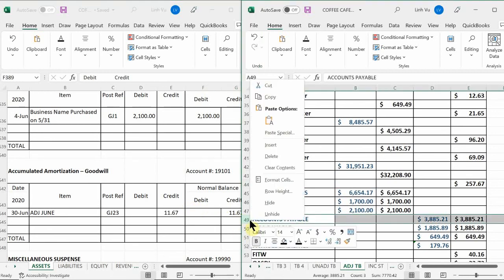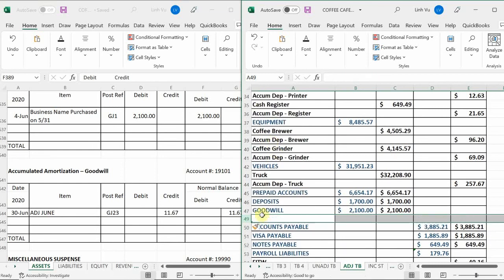So in this case, I need to add this in here because amortization, once again, is also a contra account. So accumulated amortization for goodwill is going to reduce my goodwill by $11.67.